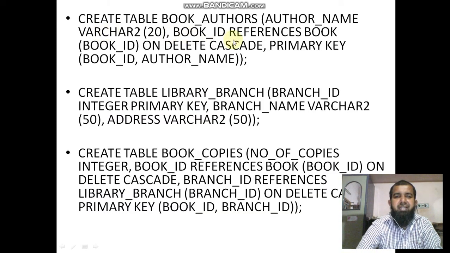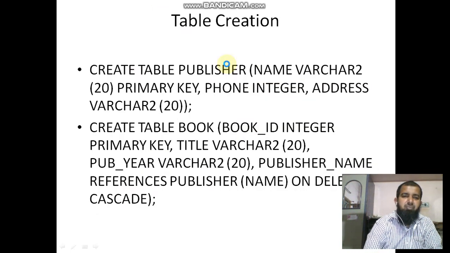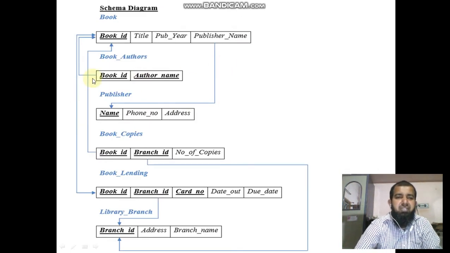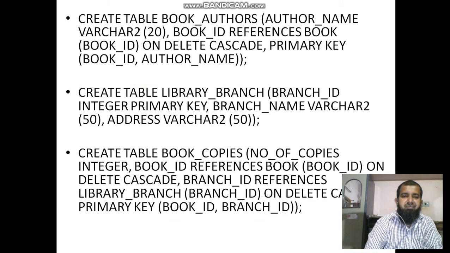On delete cascade: if you delete one record in one table, it is automatically deleted in the other table. Which are the primary keys? Book ID and author name are both the primary keys.